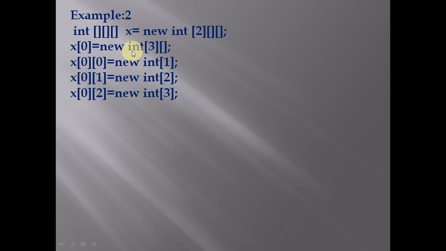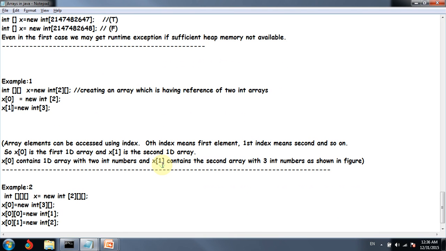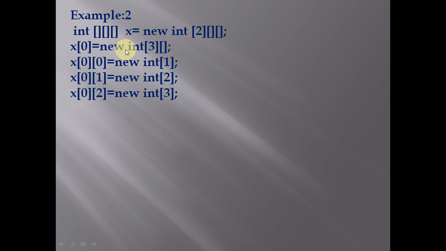Now, studying the example, we have a 3-dimensional array over here. Let me check if there is any other related point. No, right? So we have a 3-dimensional array over here. It means x is a 3-dimensional array, and we are seeing that only the first square bracket contains the dimension, so that it has to be all right.